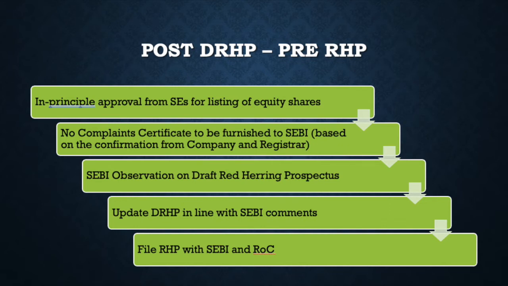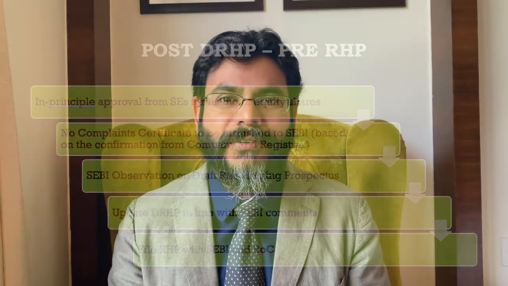And then once we've done that, we refile it again with SEBI. SEBI will take about a day to go through the document and to confirm that all of the changes that have been carried out have been done so to SEBI's satisfaction. Once I have that go-ahead from SEBI, I can then file the Red Herring Prospectus with the Registrar of Companies.